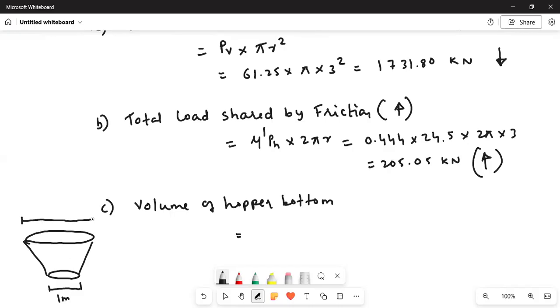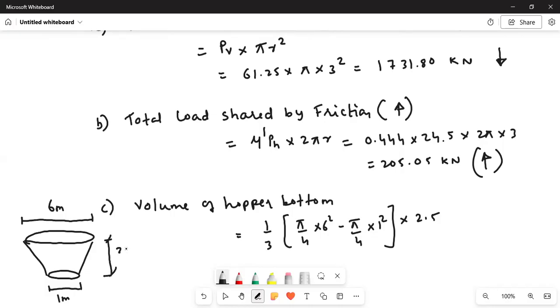At the top, it is 6 meter. So you are required to find the volume of this element: 1 by 3 into pi by 4 into 6 square minus pi by 4 into 1 square, into 2.5. What is 2.5? It is the vertical distance.